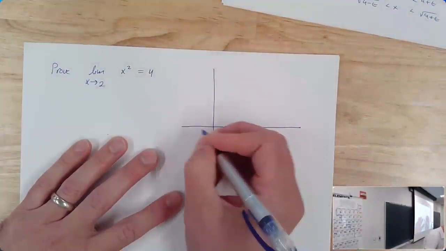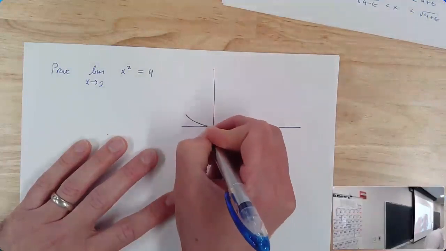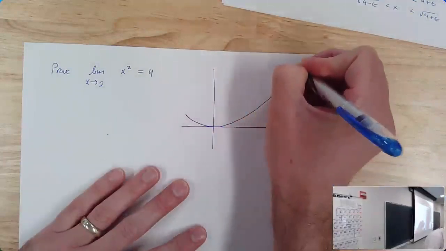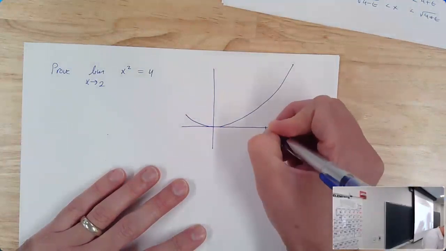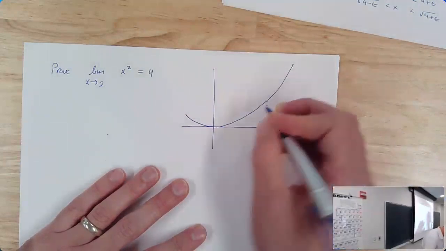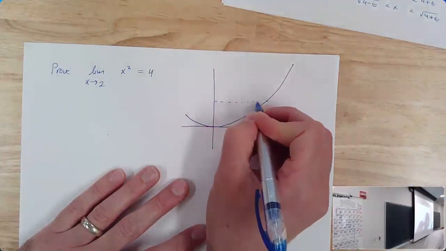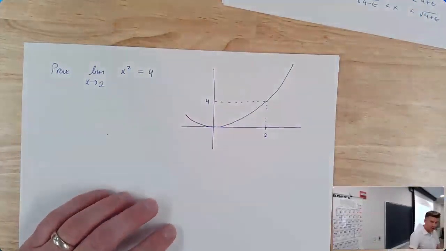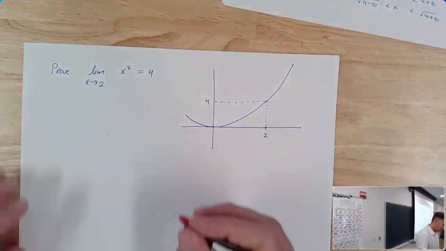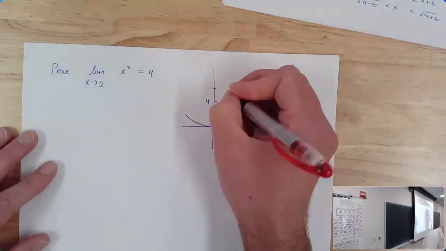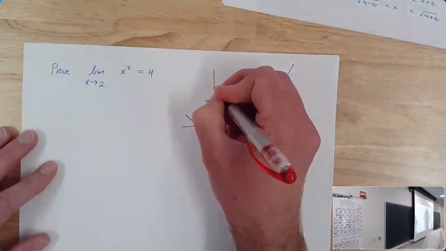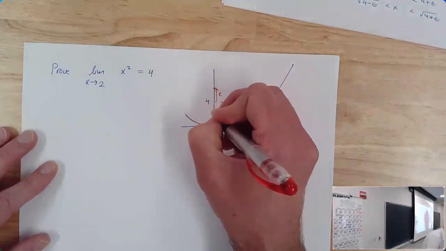So here's a decent approximation of my function. Let's say 2 is right here. And so the problem is, if we make a fixed choice of epsilon, let's say up here, I've gone up epsilon, and down here, I've gone down epsilon.